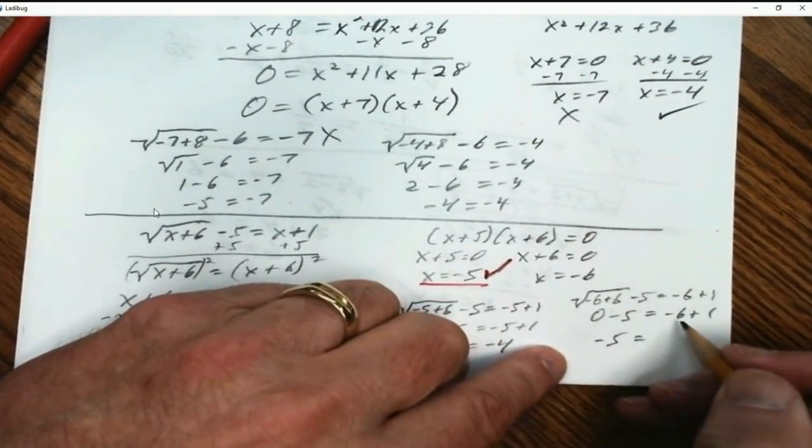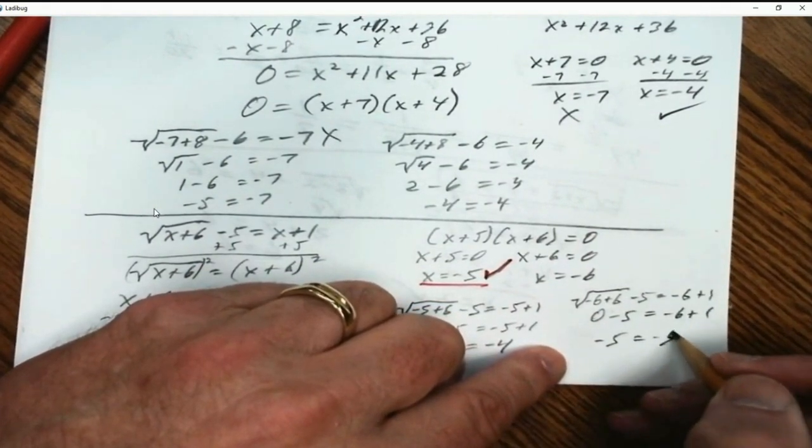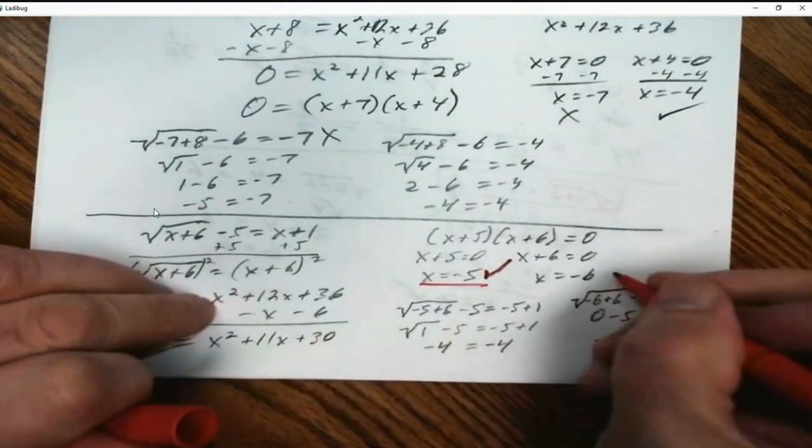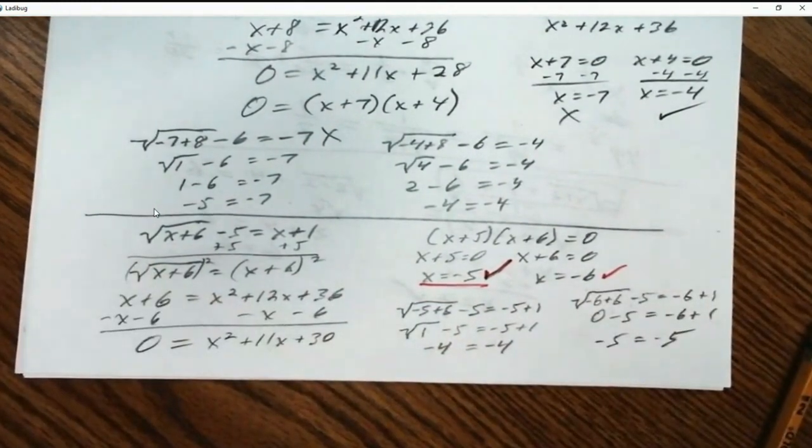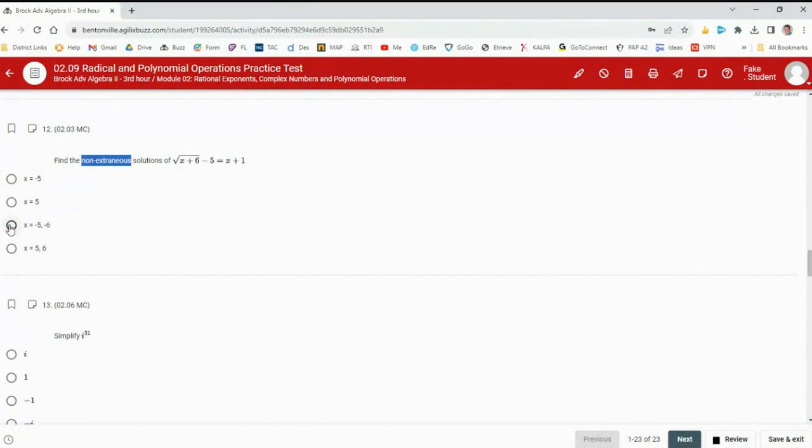Negative 5 equals negative 5. Oh, that is also a good solution. So there's two solutions for this, and they are both non-extraneous. So we're going to select that one. Negative 5, negative 6, non-extraneous.